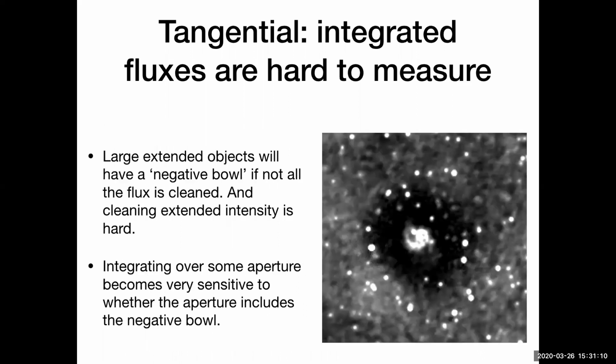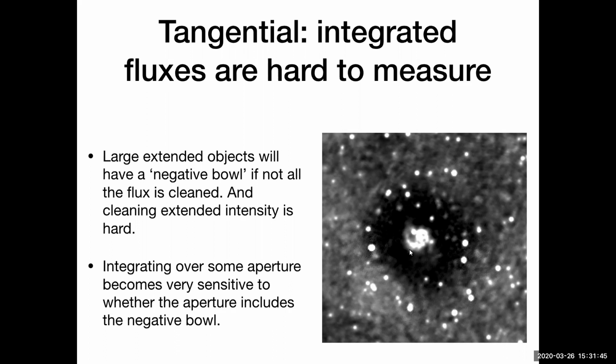And so what this looks like in an image, and this is a LOFAR image from my PhD. If you have a large object, this is a nearby radio galaxy in the center here, you see a lot of flux, and then off of the object, you have all of this negative counterbalance to balance out the image. And so you get what they call a negative bowl, where if you were to plot a profile of it, you'd see these big dips to negative and then a big positive feature for the actual source.